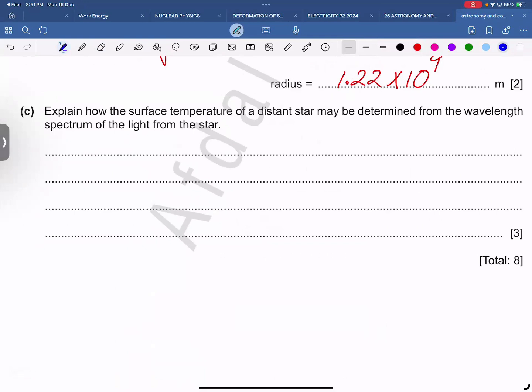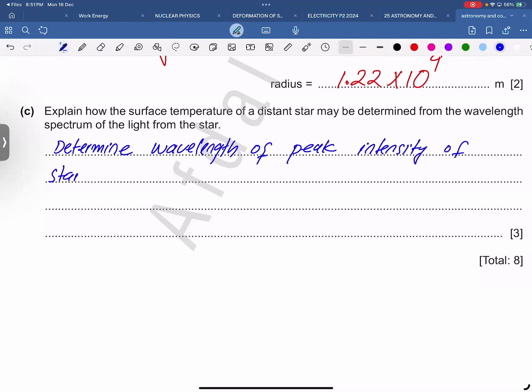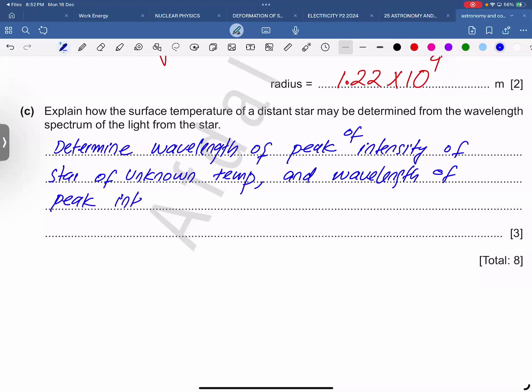So you have two stars, my dear. You determine the wavelength of peak intensity of the star of unknown temperature and the wavelength of peak intensity of the star with known temperature.